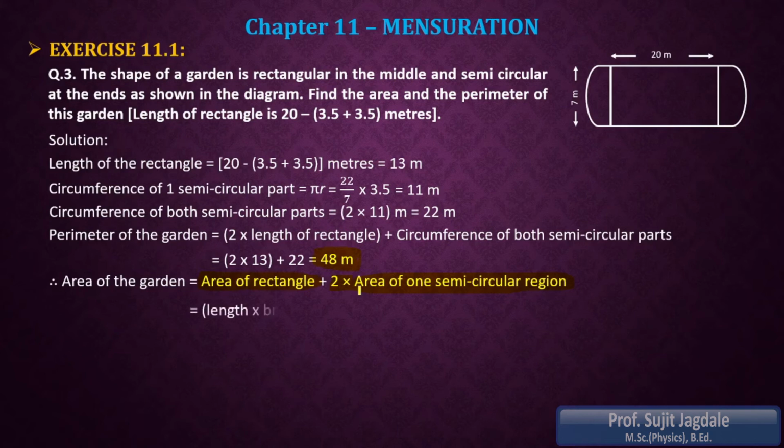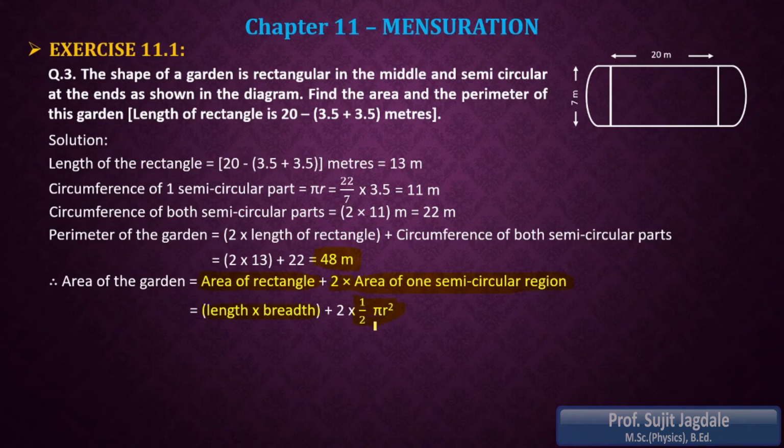Okay, so put down the formulas. Length into breadth is the formula to calculate the area of a rectangle, which we had seen previously. Then 1/2 pi r square will be the area of one semicircular region. Now you are going to ask how it is possible, why we are taking 1/2.